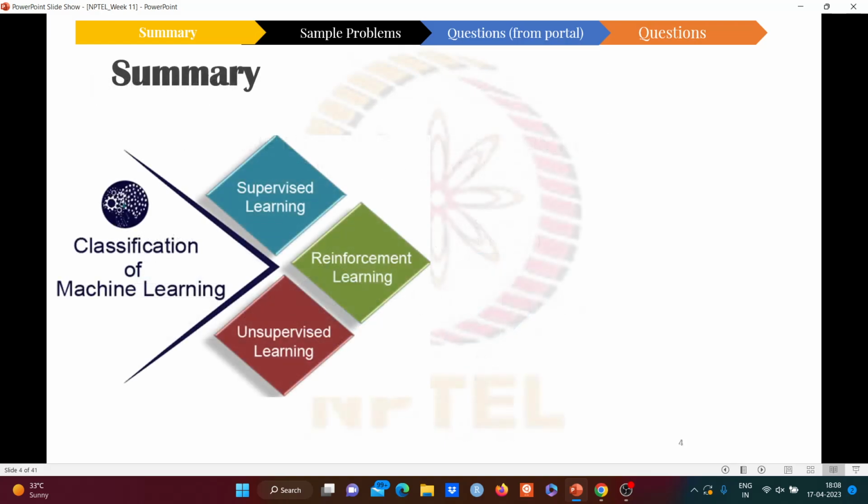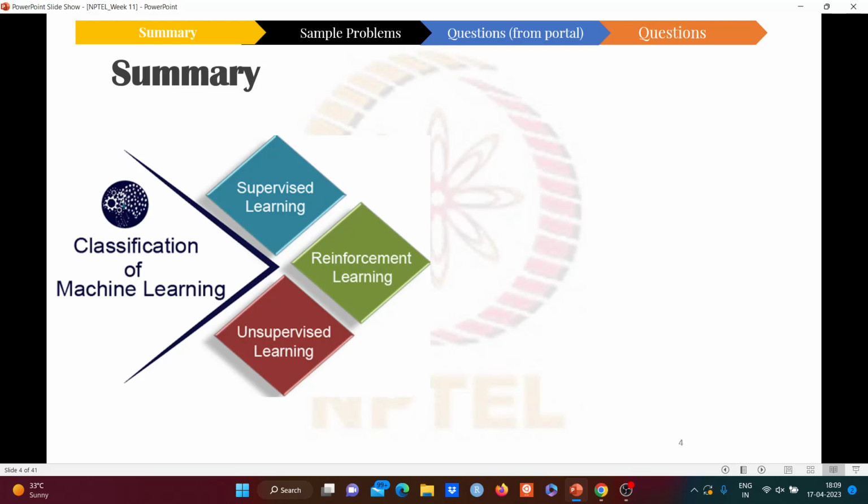Next, we'll be discussing the types of machine learning techniques available. Mainly there are three types of machine learning: supervised learning, reinforcement learning, and unsupervised learning. In supervised learning, the algorithm is trained on labeled data.